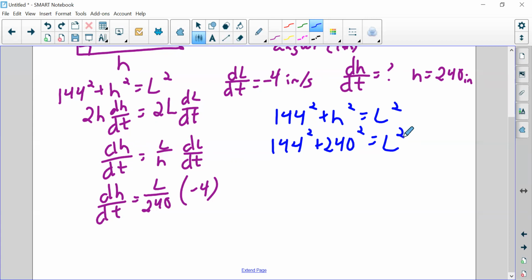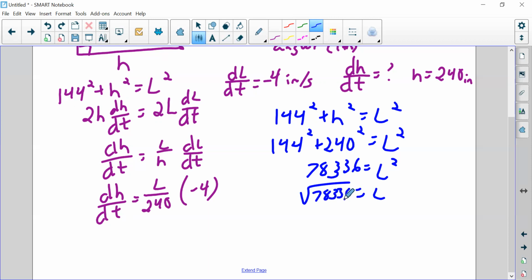Okay, so I got L squared is equal to 78336. Okay, they went to feet, I think, at the end. I went inches for the very last time. Oh, they went to inches at the end. I don't think that's right. Well, we'll see. Okay, and so L is the square root of this.